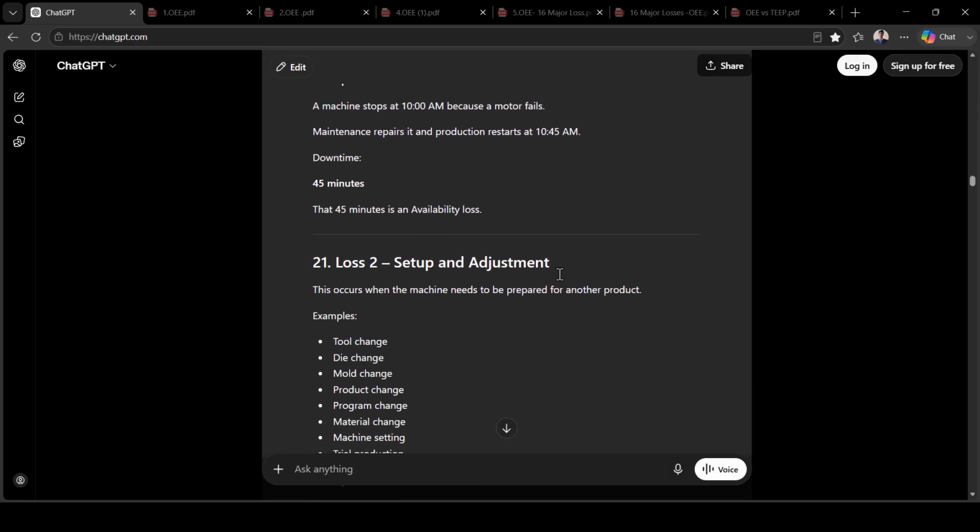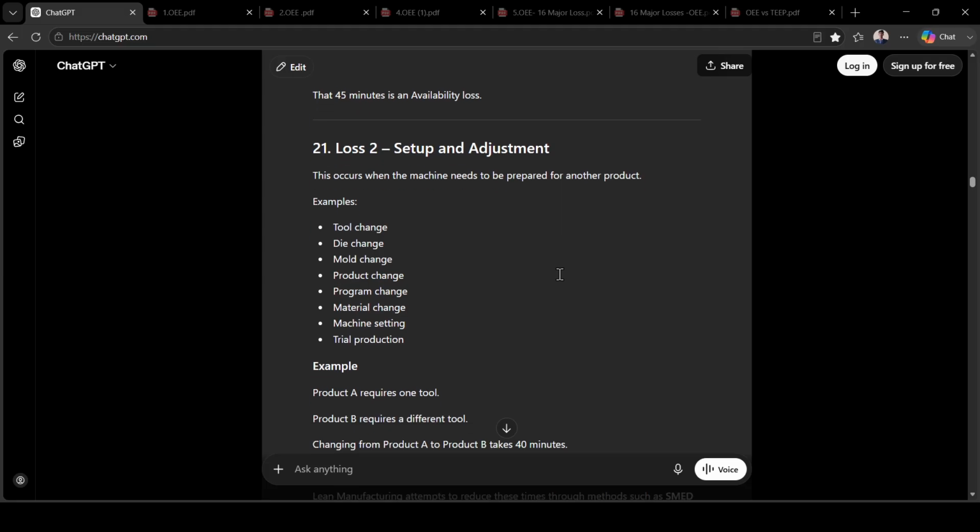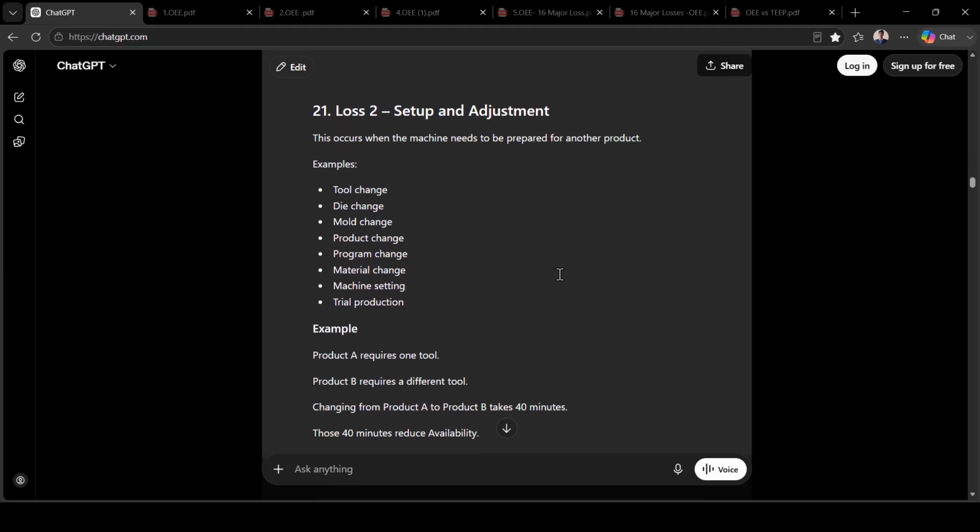Loss two, setup and adjustment. This occurs when the machine needs to be prepared for another product. Examples: tool change, die change, mold change, product change, program change, material change, machine setting, trial production.